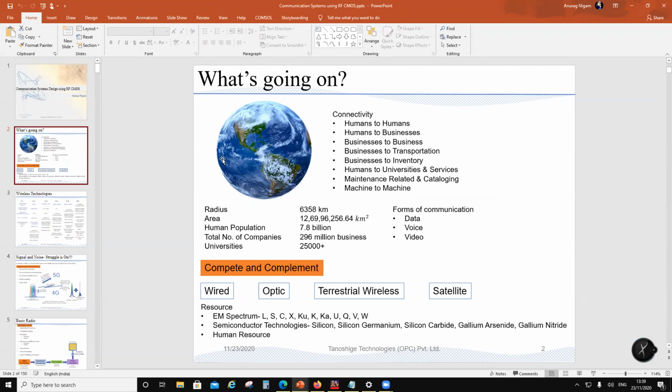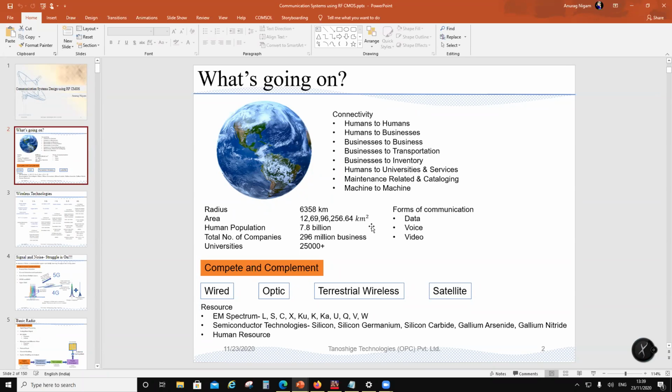Connectivity, you can see the scope. You need human communication, human business communication, business to business communication, transportation. There is a vehicular network which people are talking about. So basically, you can trace somebody's car, your family member's car, and you can communicate, right?